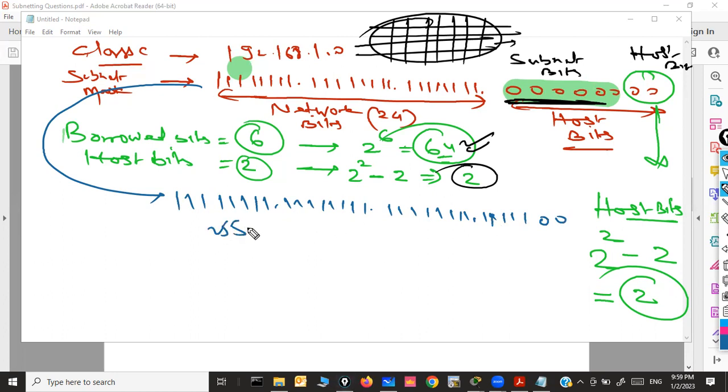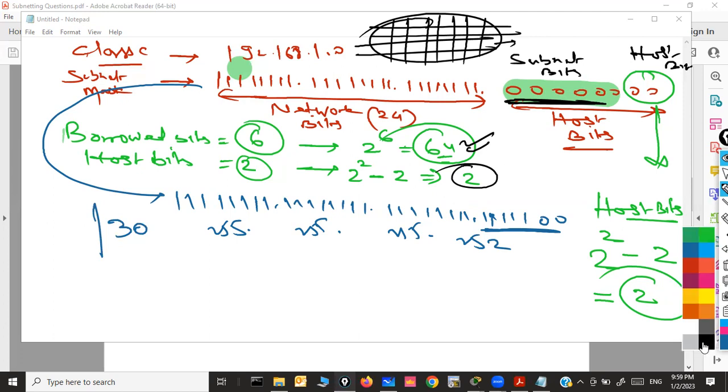So in decimal representation, this would be 255.255.255.252, or in slash notation, /30. Count the number of ones, it would definitely be 30. 8, 8, 8 is 24, and 6 here. So 24 plus 6, that is /30.